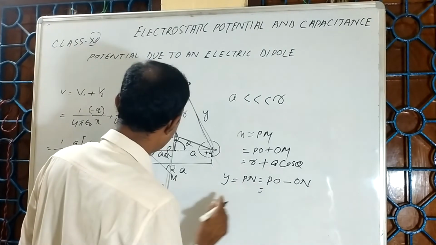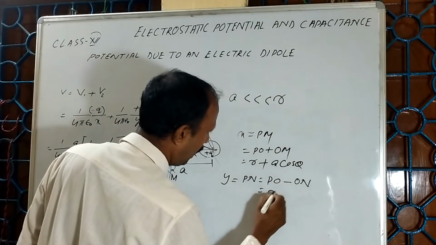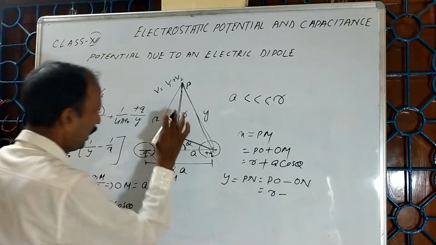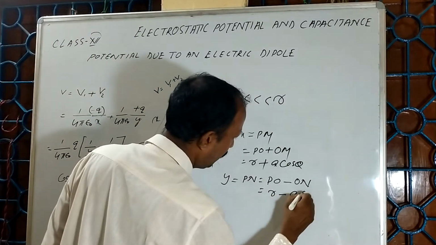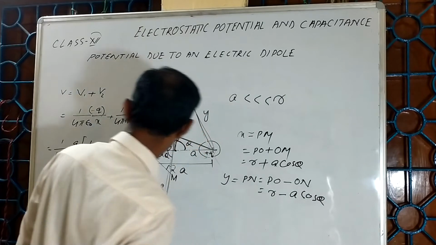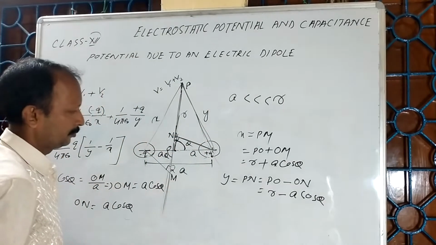So in place of PO, I am writing r minus ON, which is equal to A cos theta.